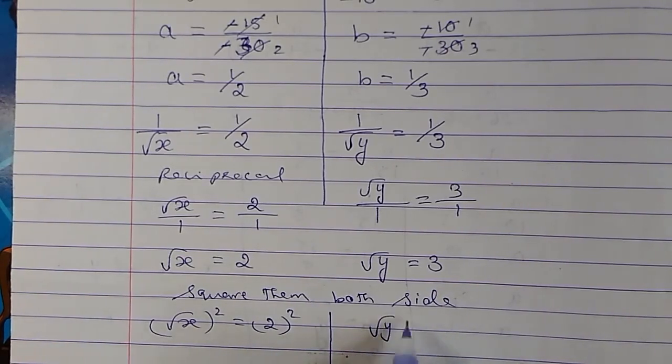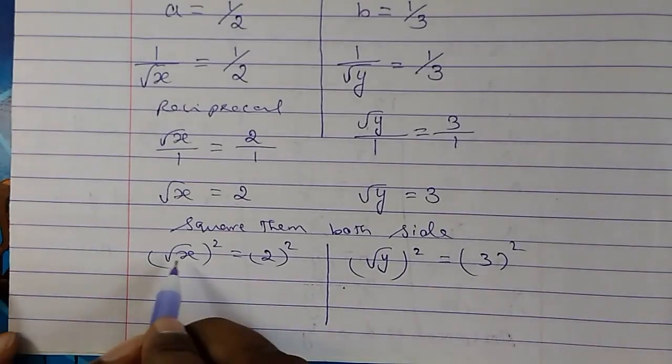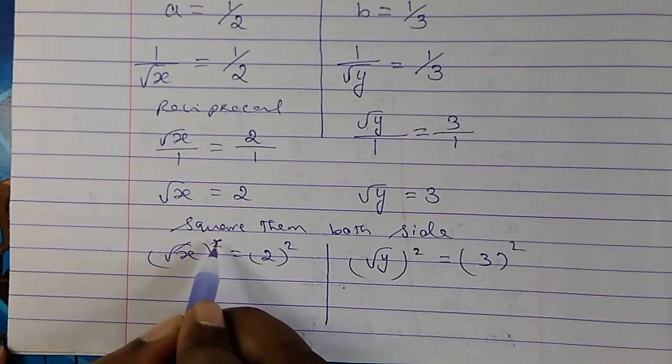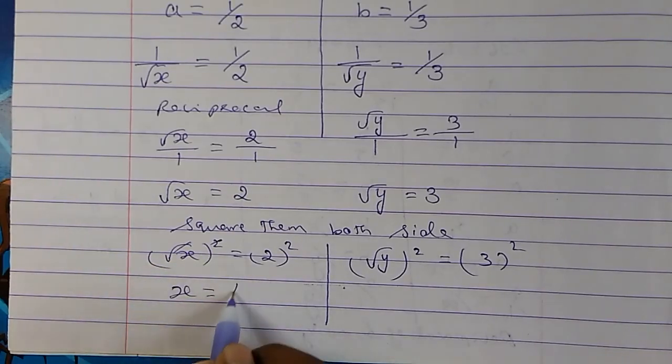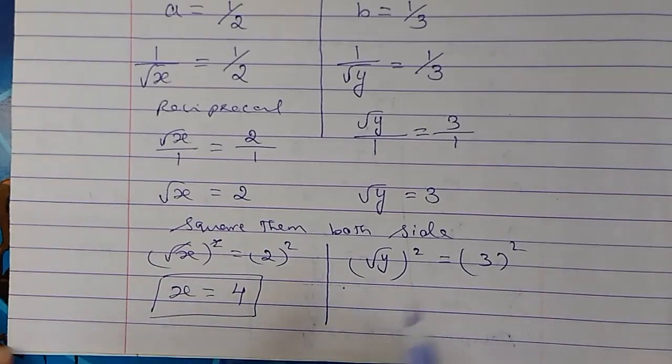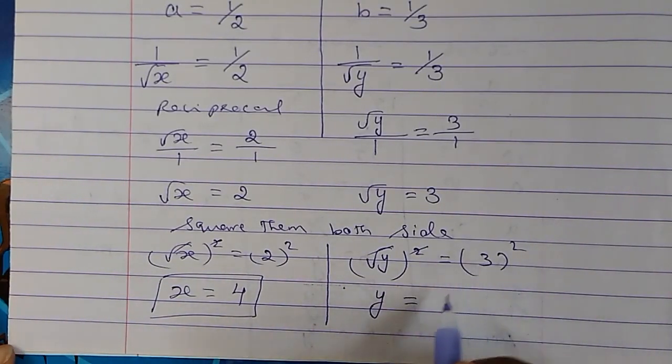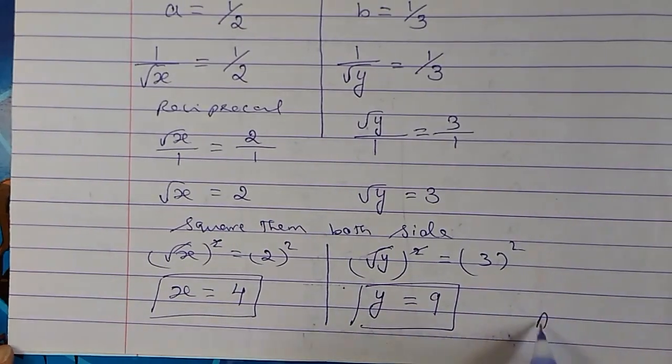Here also root y square, 3 square. So when square gets cancelled, root gets cancelled. So we'll get x equal to 2 twos are 4. Square goes means root will go. So y equal to 3 square is 9. So this is our answer.